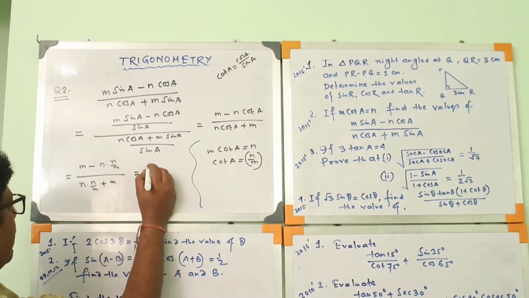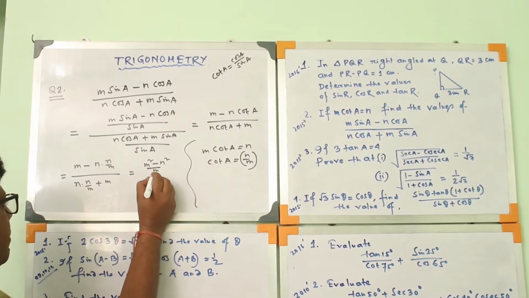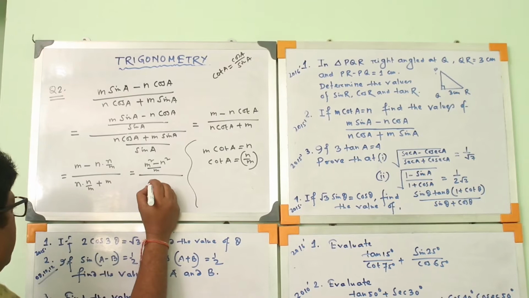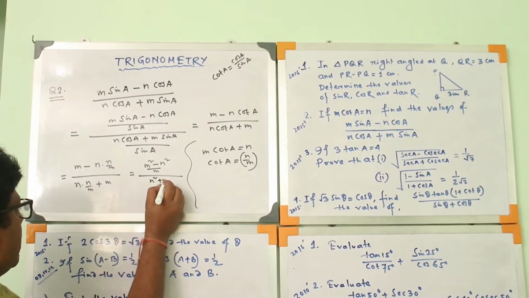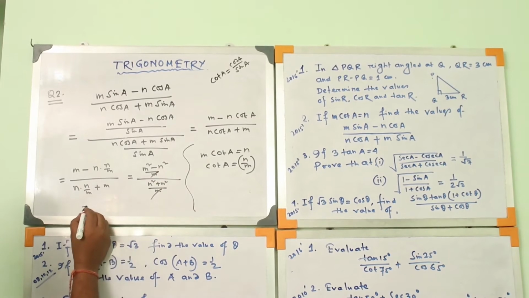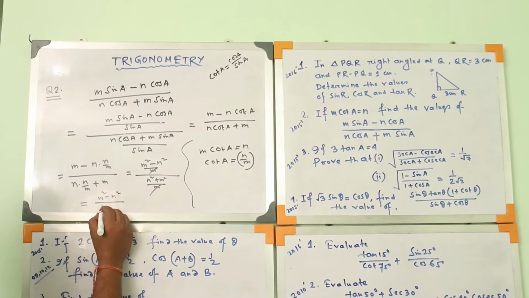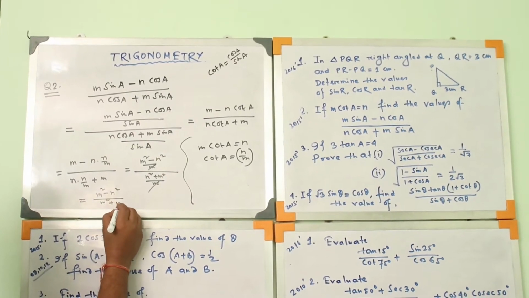So we get m square minus n square by m divided by n square plus m square by m. Cancelling m, we will get the result m square minus n square by m square plus n square.